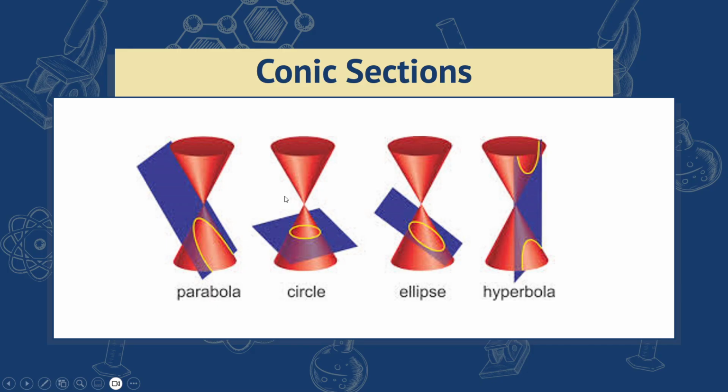The circle is when you cut the cone horizontally, no angle, just a straight horizontal cut, and it will be a perfect circle. Now, when you introduce a bit of an angle to it, that's when you get an ellipse. An ellipse looks like an oval.